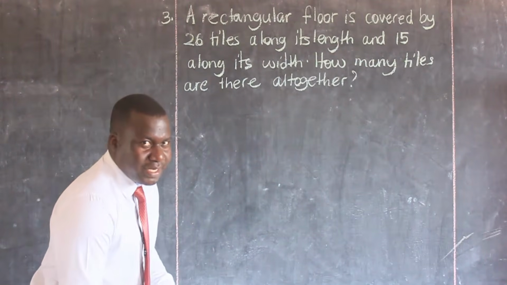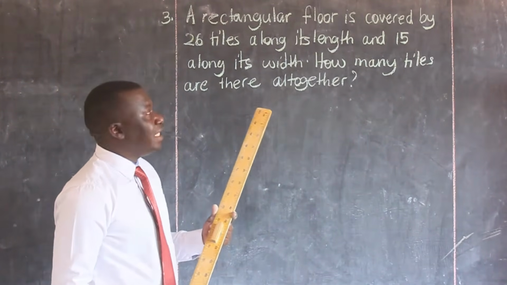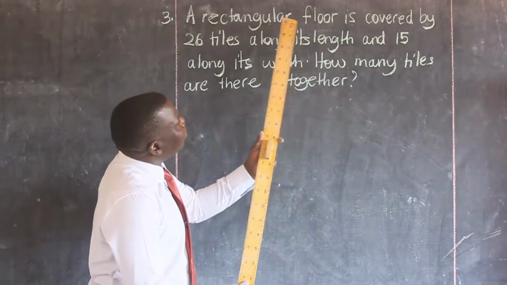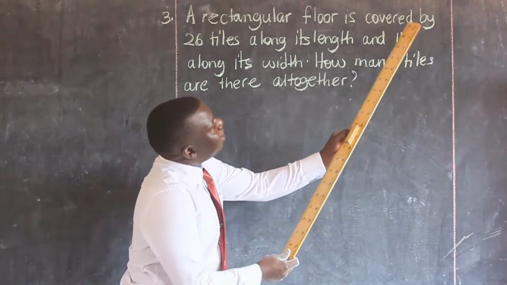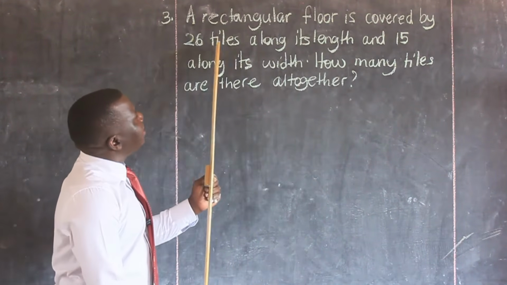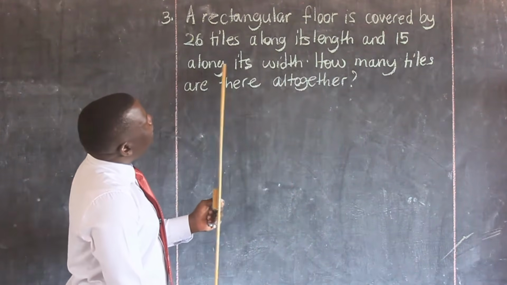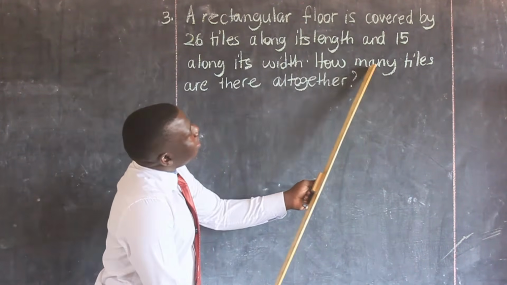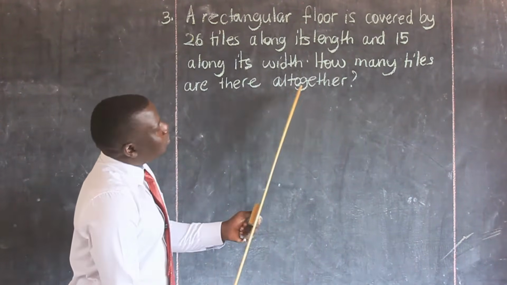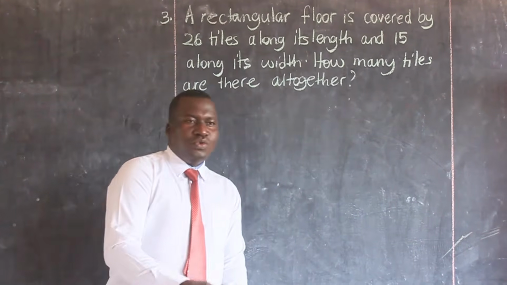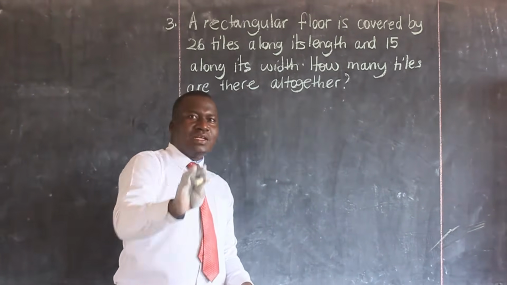Okay, dear children, can we all read this together? A rectangular floor is covered by 26 tiles along its length and 15 along its width. How many tiles are there altogether? Now, I want you to imagine at home.